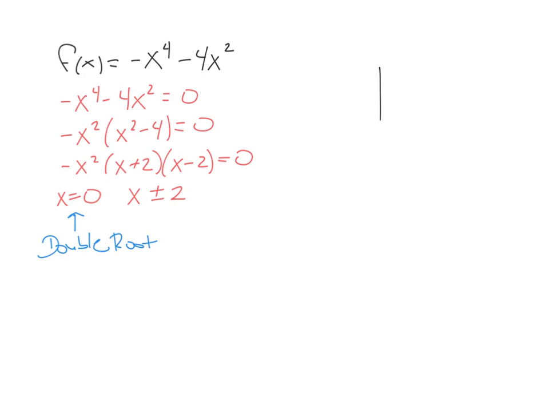So when we sketch this, we know that our graph has roots at positive and negative 2 and at 0. So now if we think about the leading coefficient test, we see that this has a degree of 4 and a negative leading coefficient, which means that our graph has to fall on the left and on the right.